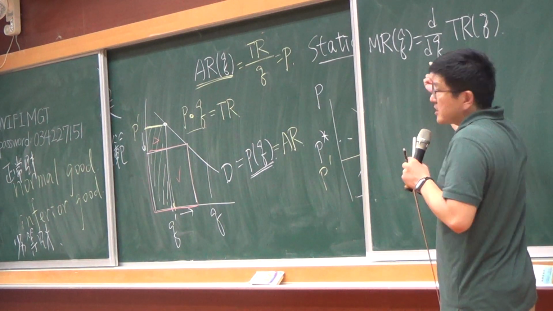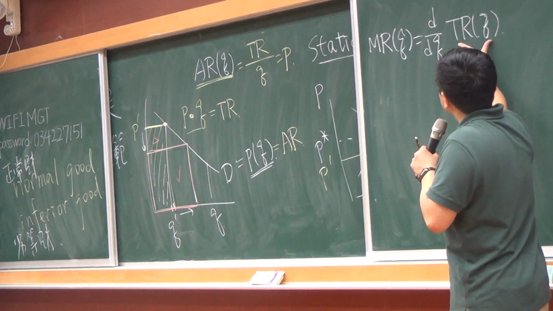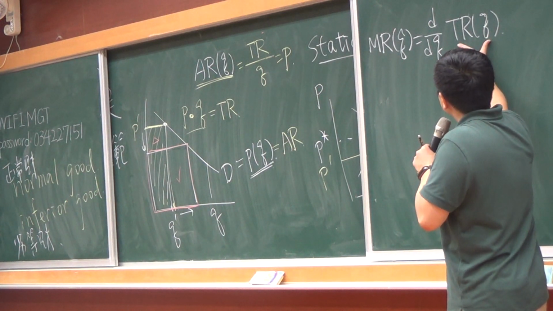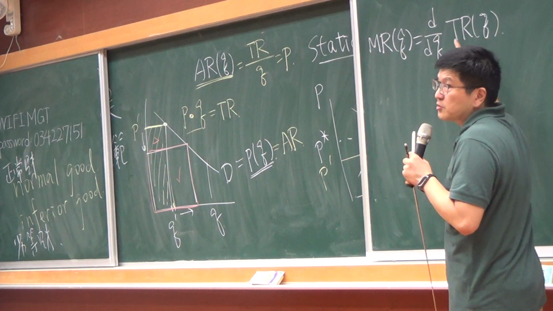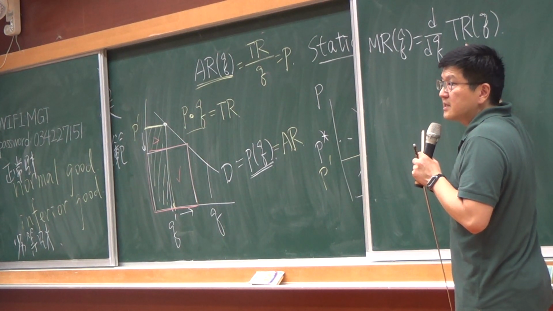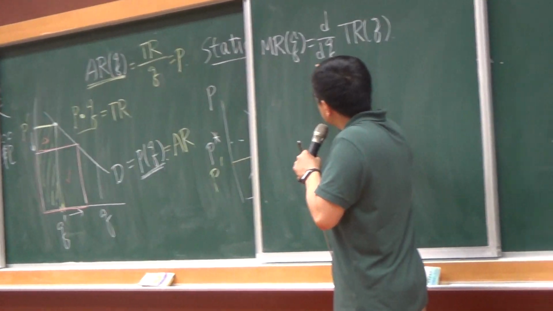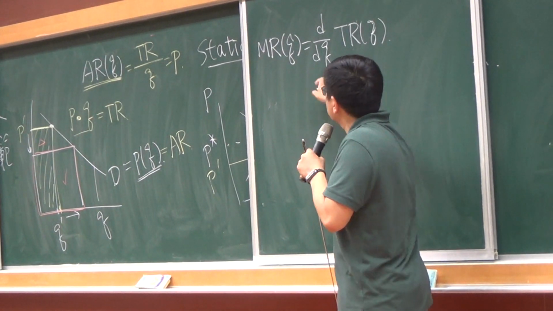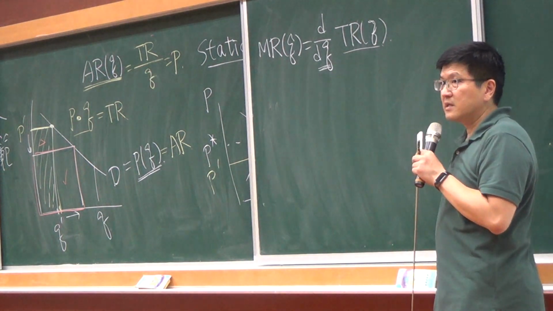So one more unit in Q, and how is the amount of total revenue affected? We'd like to know the effect of a unit increase in Q on the change in total revenue.